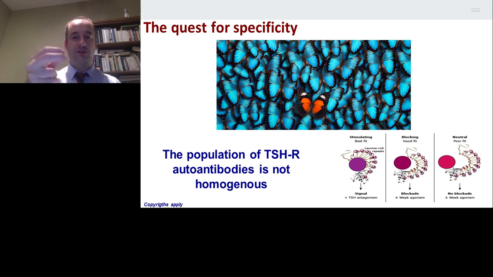So the antibody is fixed to the receptors, inducing the release of hormone. But there is also a population of blocking antibodies that could have the contrary effect, more related to a phenotype of hypothyroidism. And there is, for the patient, the switch from one population that could appear during the disease.